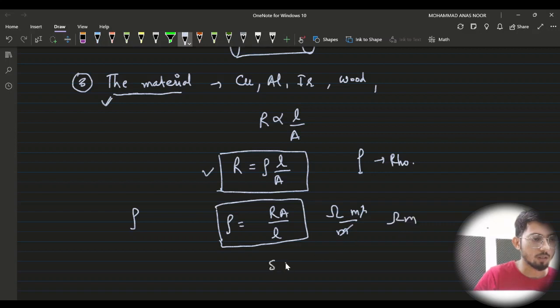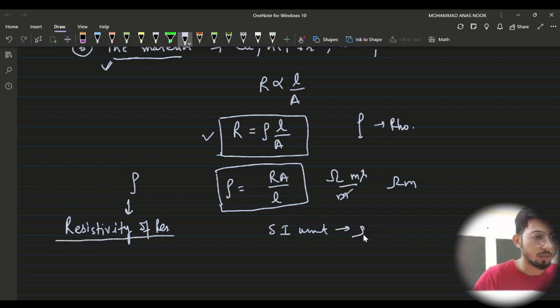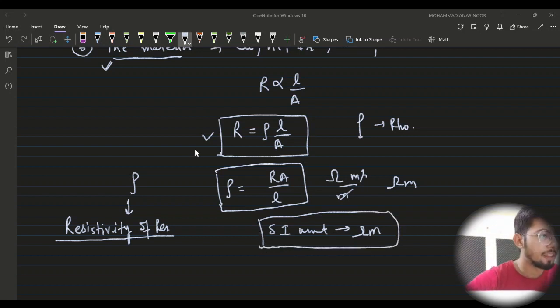So the SI unit of rho is ohm meter. We call it resistivity. Rho is the symbol, and it is called the resistivity of the material. It is also called specific resistance.